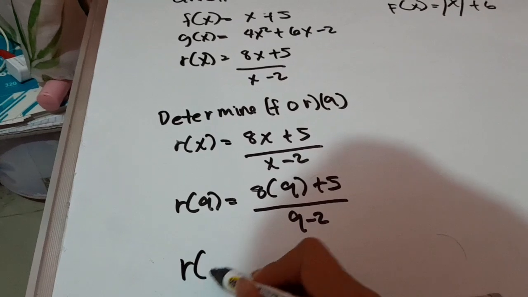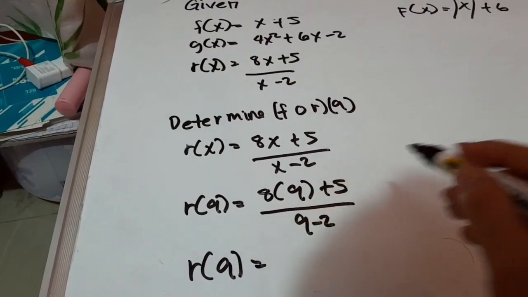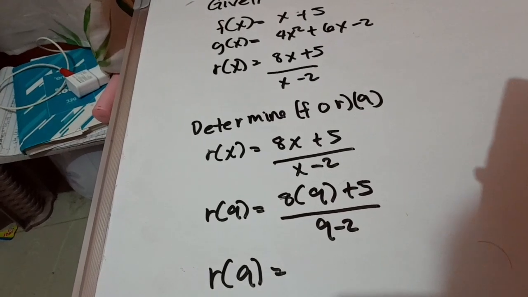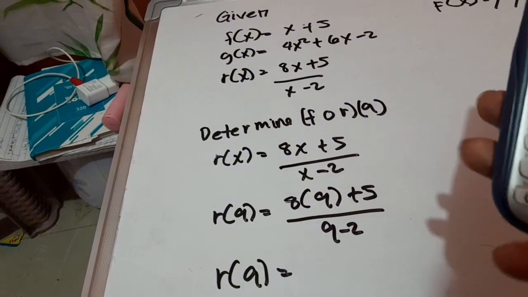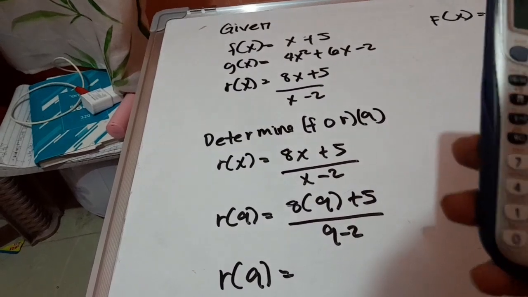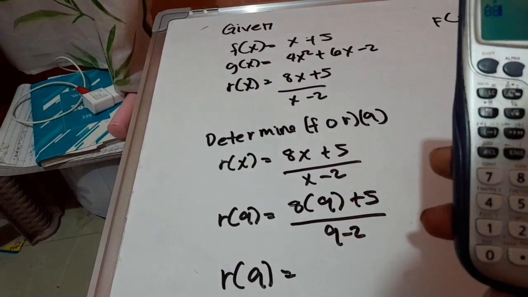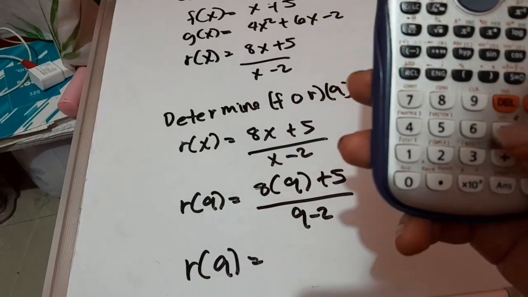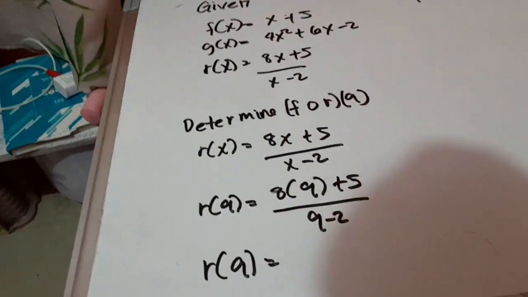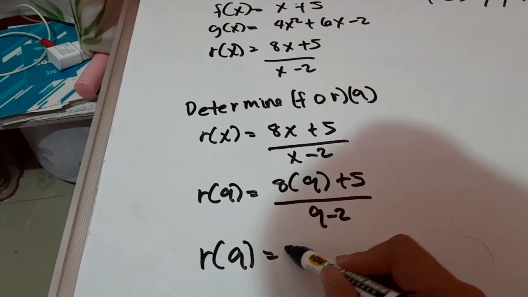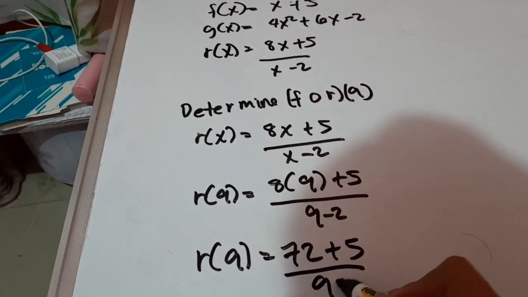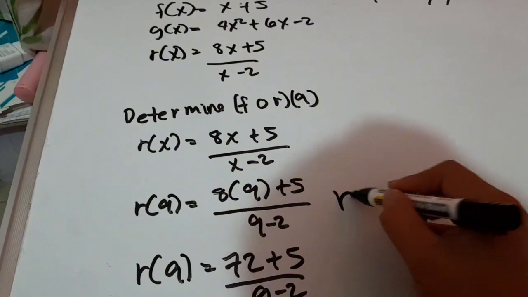So let's use the calculator to ensure that our answer is correct. 8 times 9 equals 72. So 72 plus 5 over 9 minus 2.